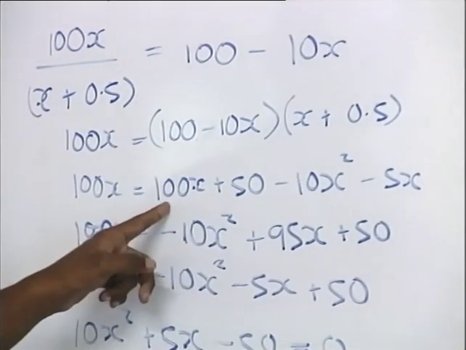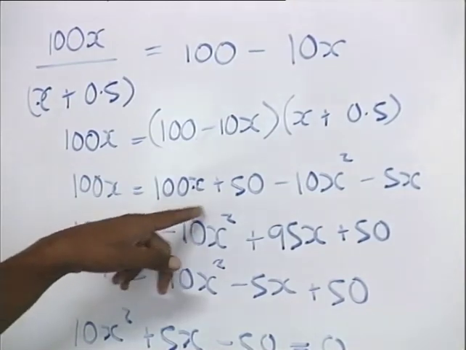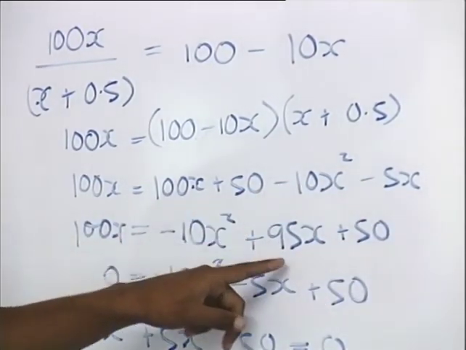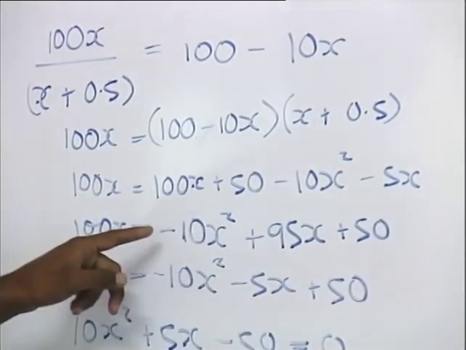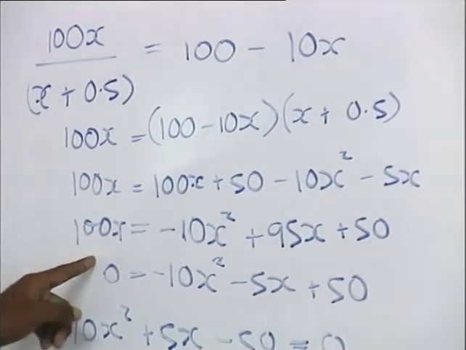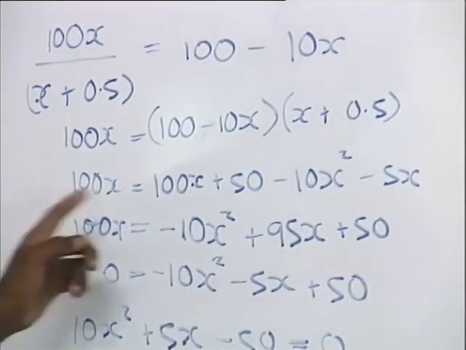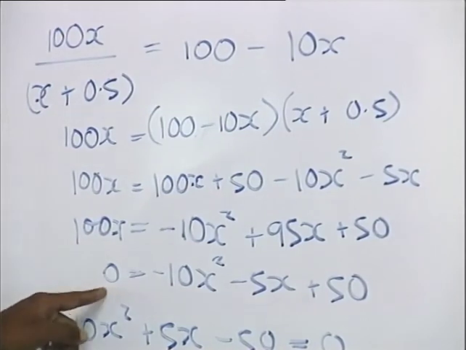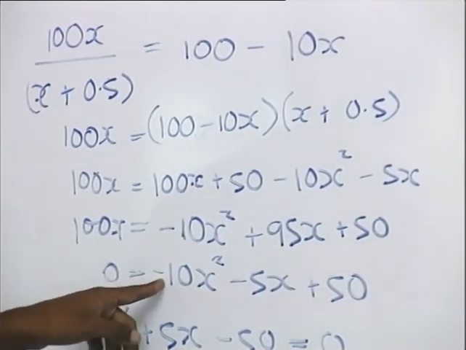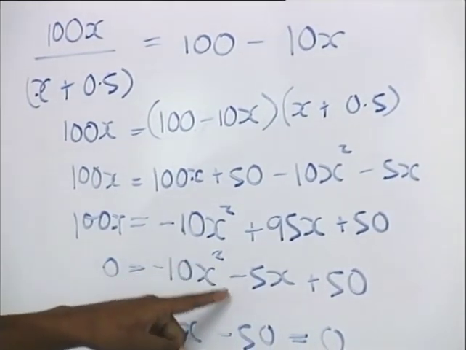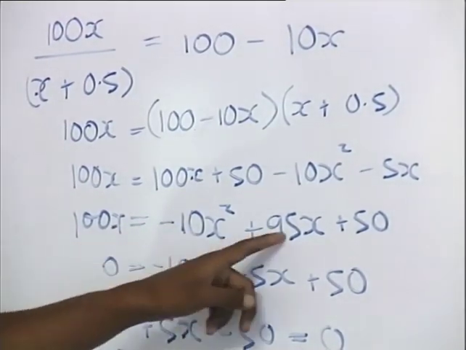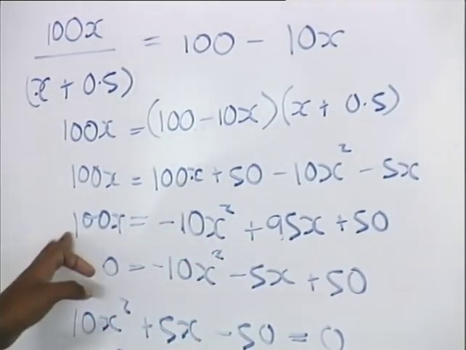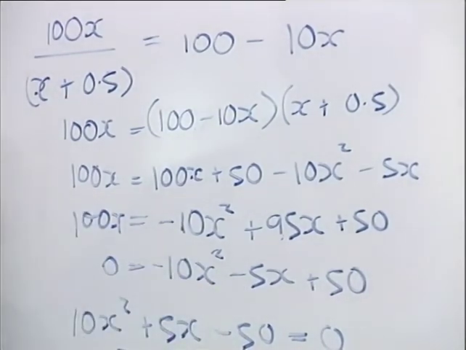So collect like terms. We bring 100x over, subtract both sides. Zero equals negative 10x squared minus 100 plus 95, and negative 100 plus 95 equals negative 5x plus 50.